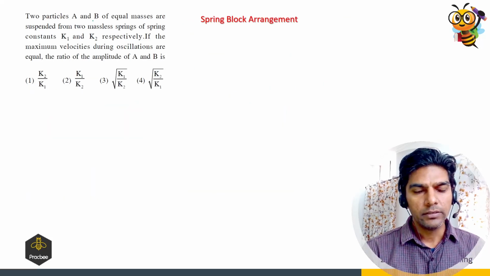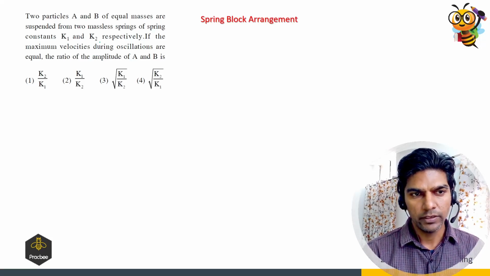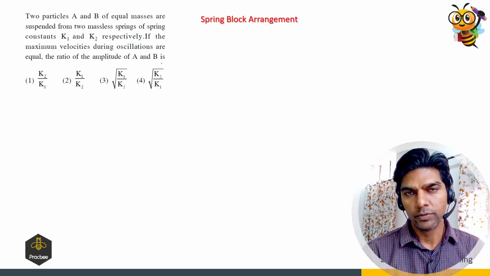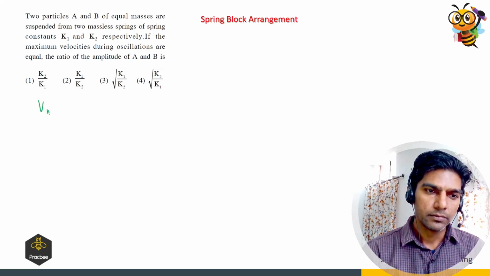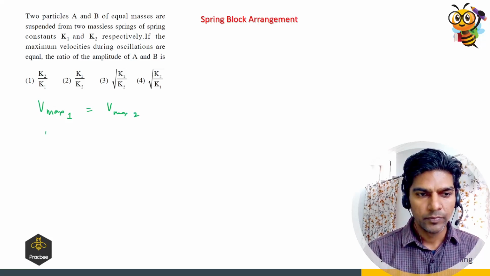Okay, two particles A and B of equal masses are suspended from two massless springs of spring constant K1 and K2. If the maximum velocities during oscillation are equal, find the ratio of the amplitudes of A and B. So V max in the first case is the same as V max in the second case, and we know that V max is A omega.